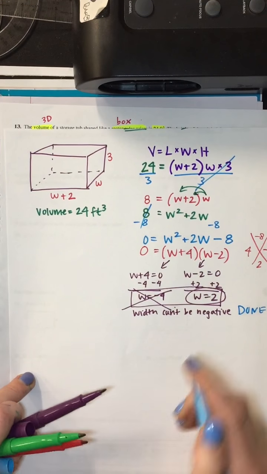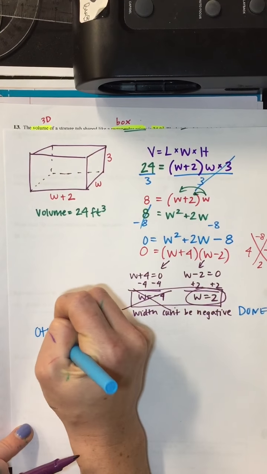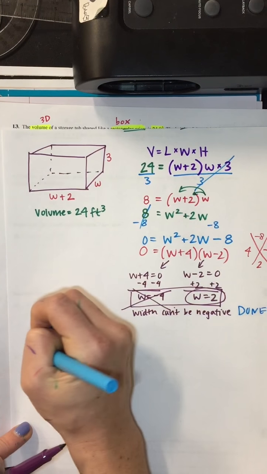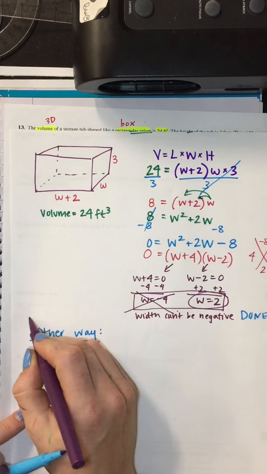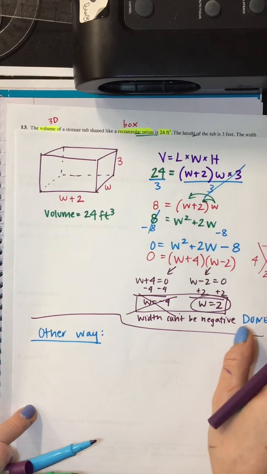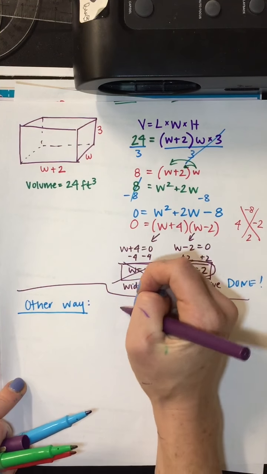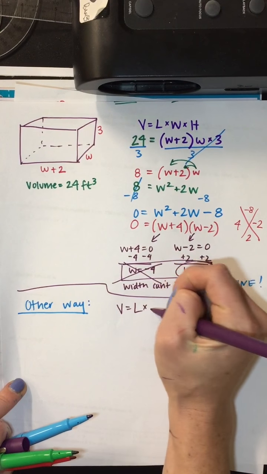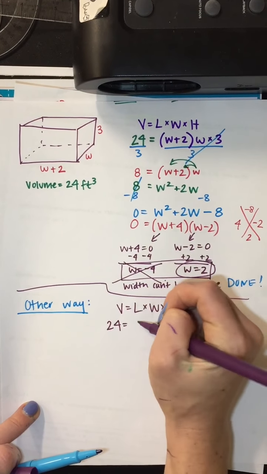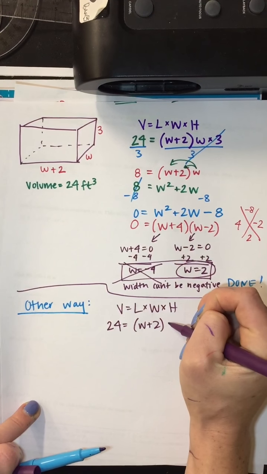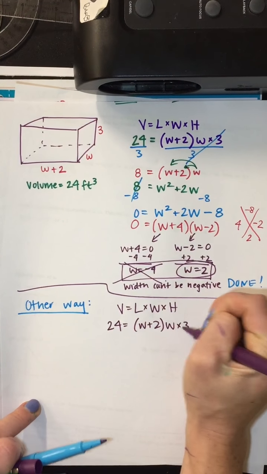The other way to do it is you start out with the same steps. So I'm just going to separate this. I have volume equals length times width times height. And I plug in just like I did before. 24 equals W plus 2 times W times 3.